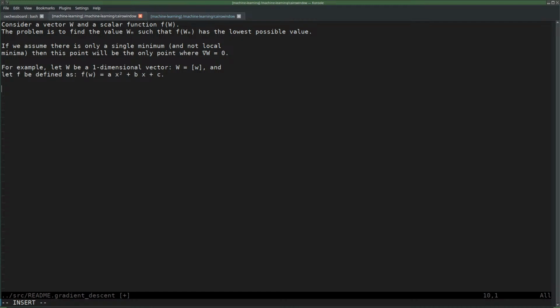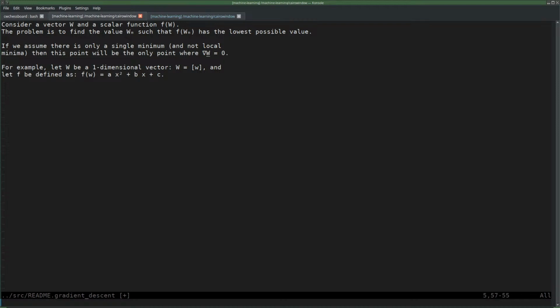So x squared plus bx plus c. You see, there's the problem. I think that what I actually calculate is the derivative relative to w of f. That's not the right thing then, is it?